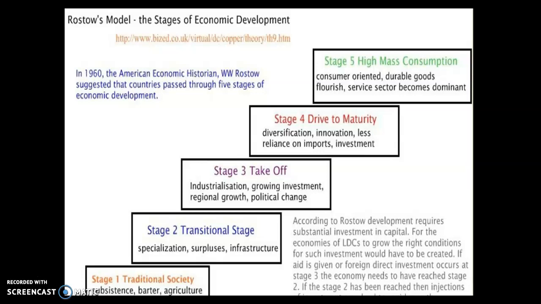He's an economic historian in the 1960s, so he's looking at countries that had achieved development at that point in time, and the stages that they followed were quite clear, and they all followed the same stages. Whereas now, although this model does fit, the time spent at the different stages will probably be a lot different than it would have been for France, the UK, the US and countries like that.